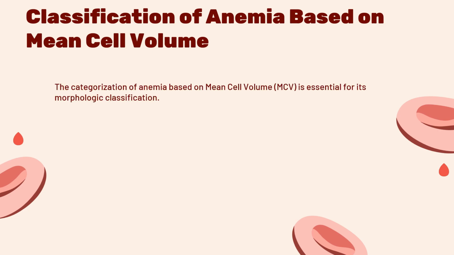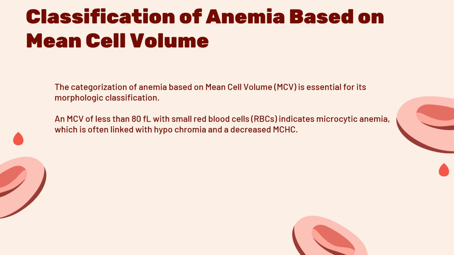The categorization of anemia based on mean cell volume, MCV, is essential for its morphologic classification. An MCV of less than 80 femtoliters with small red blood cells, RBCs, indicates microcytic anemia, which is often linked with hypochromia and a decreased MCHC.